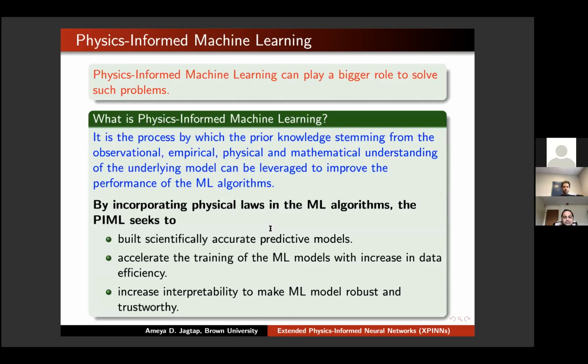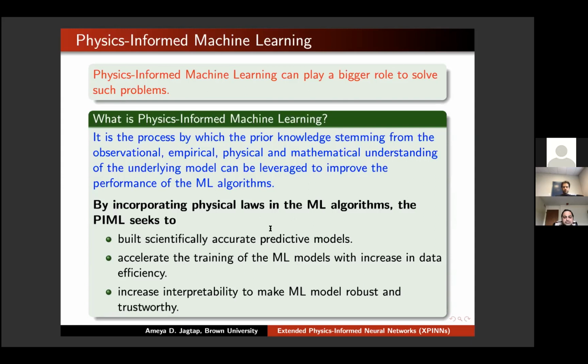By incorporating the physical laws in machine learning, physics-informed neural networks seek to build scientifically accurate predictive models, accelerate the training of the machine learning models with increasing data efficiency, that means by using very few data points, and increase interpretability to make ML models more robust and trustworthy.